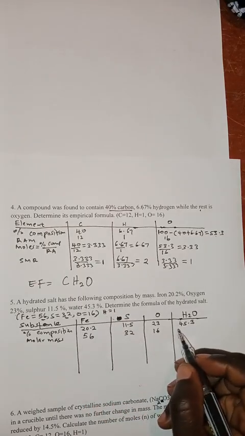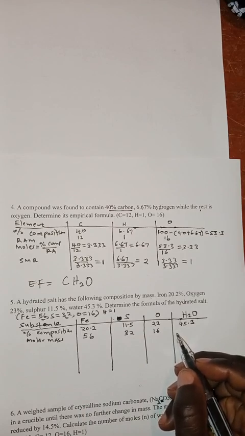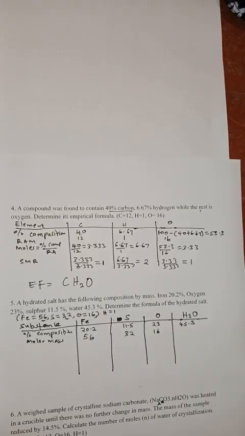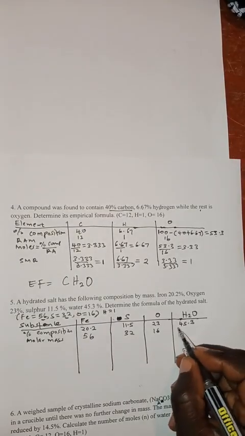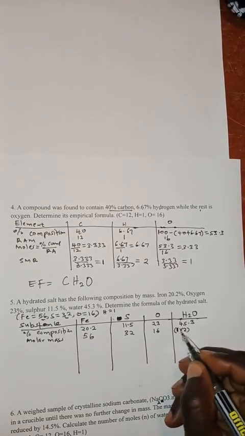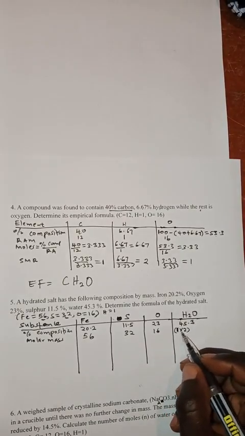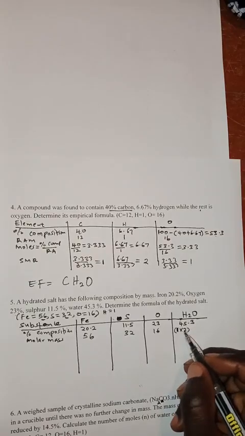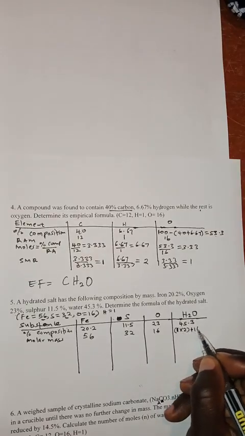So to get the molar mass of water, it is 1 times 2, because each hydrogen atom has a molar mass of 1 and there are 2, so it's 1 times 2 plus oxygen 16, that comes to 18.